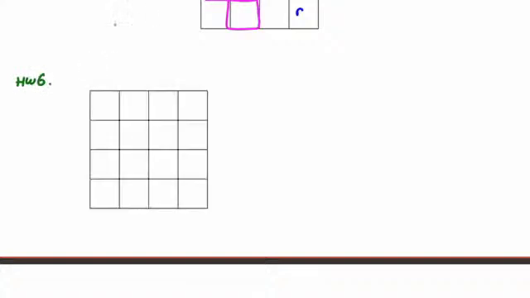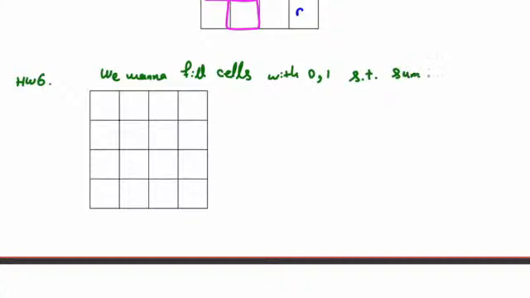And let me tell you a similar problem. How many homeworks did we have? Homework 5, homework 6. Suppose we have a 4 by 4, we want to fill cells with 0 or 1 such that the sum of 4 cells of each 2 by 2 is even.